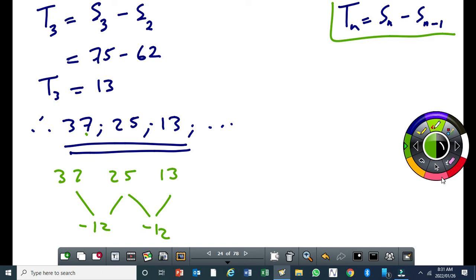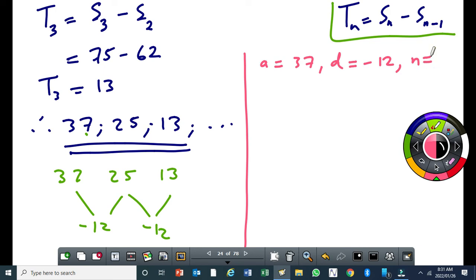So what this means is A is 37, D is negative 12, and N. Now, N is unknown because we want to find the general term. So N is equal to N. Right? N is equal to what? N. Because we need to find the nth term. That is the general term that we can use to find all the terms in the sequence.